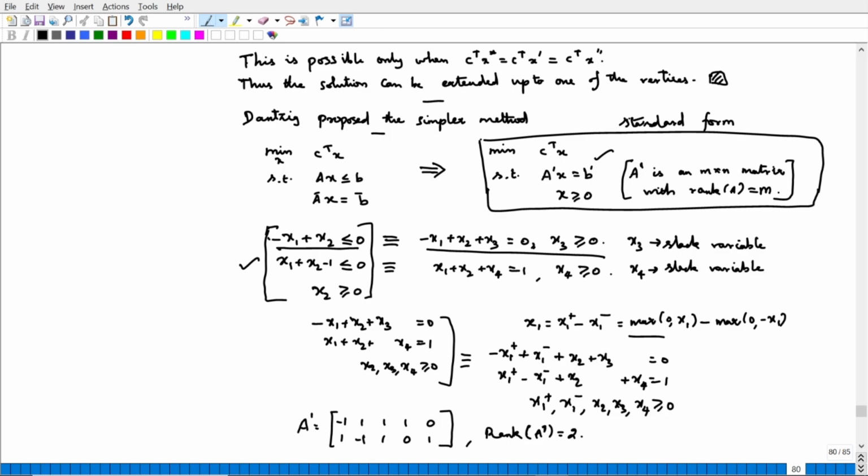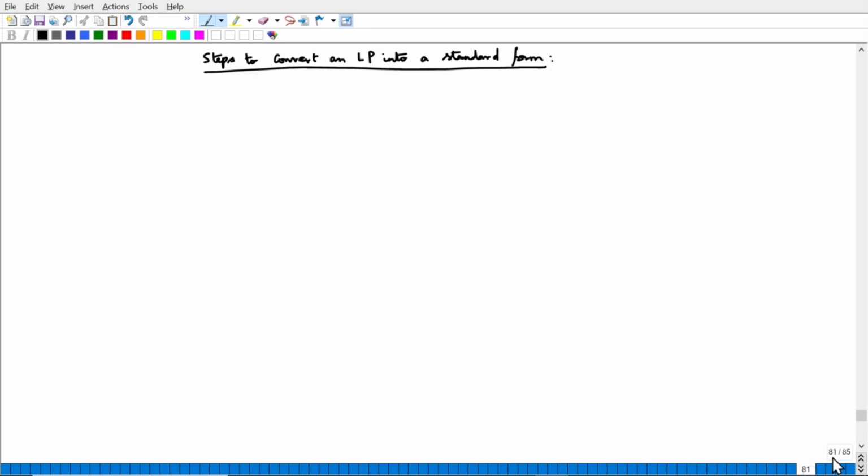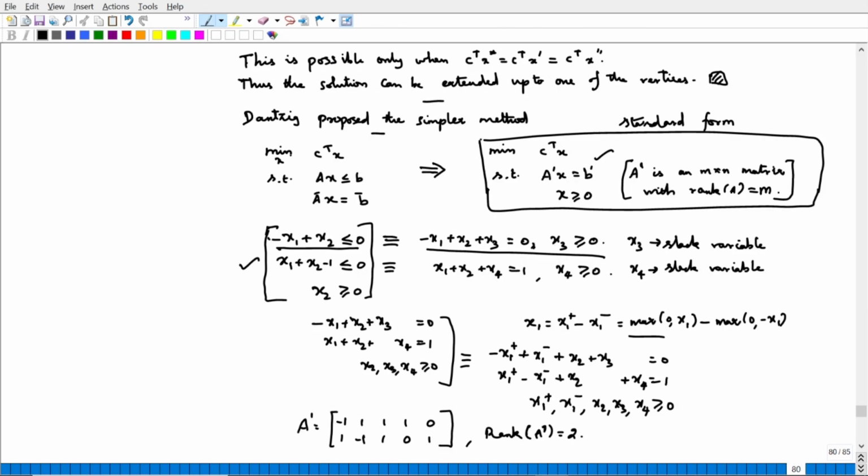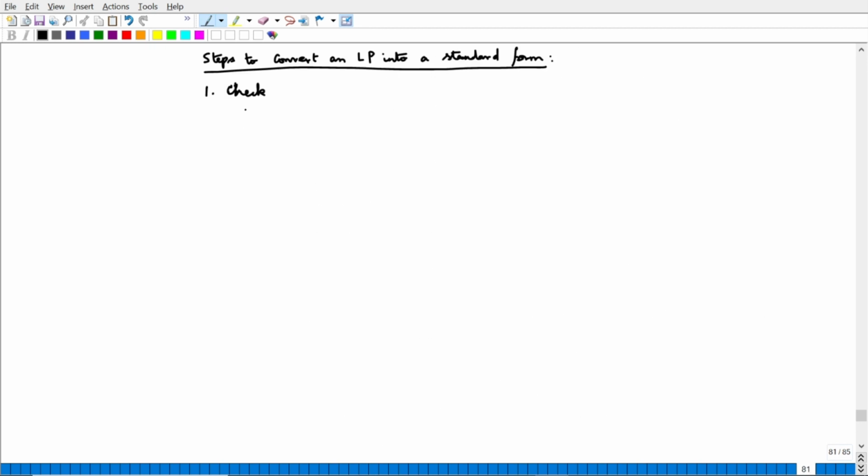The first thing that you have to take care of is that you might be given a more general problem than what we have given here. You could have a maximization, you might have some greater than or equal to constraints. Those need to be checked in the first place.